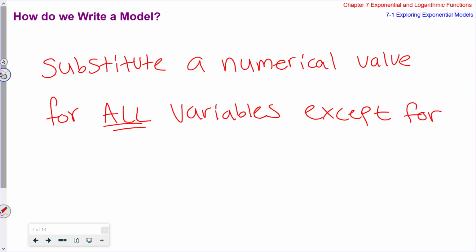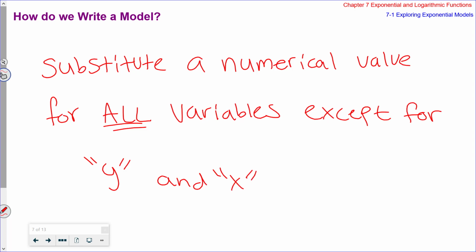You have to substitute a number, a numerical value for every single variable except for what? Y. That's it? Yeah? That's not correct. Except for Y and X.